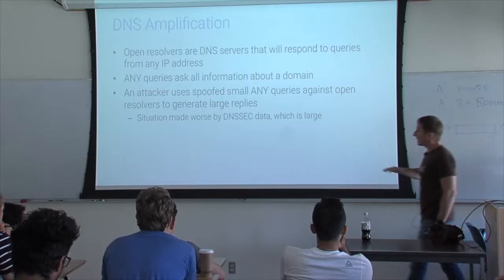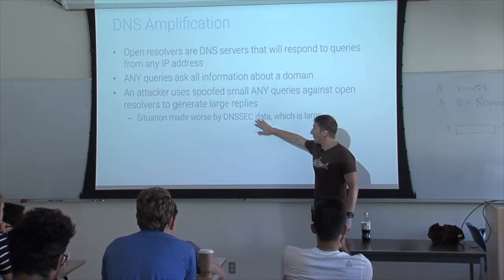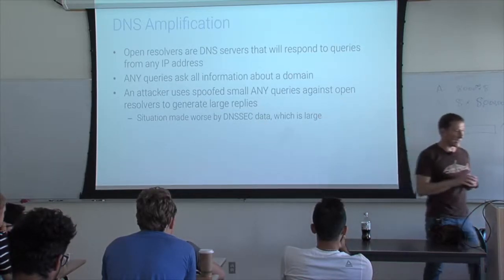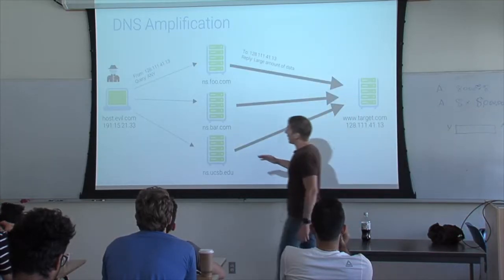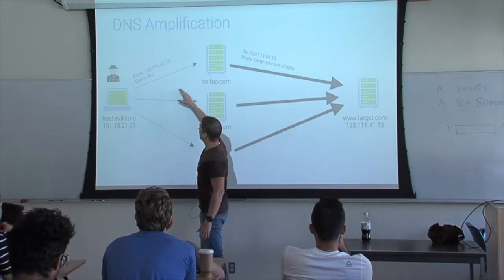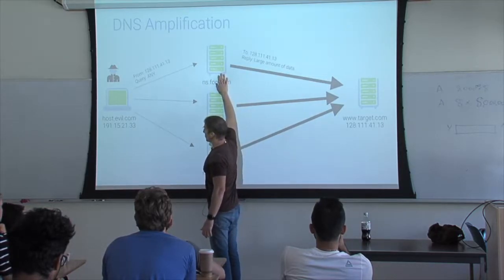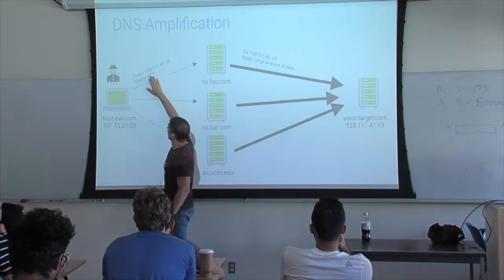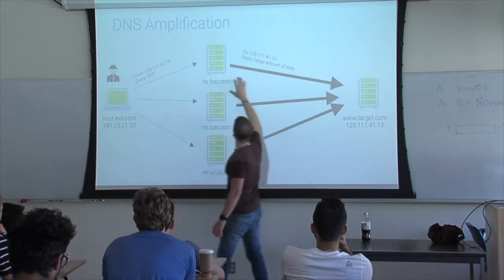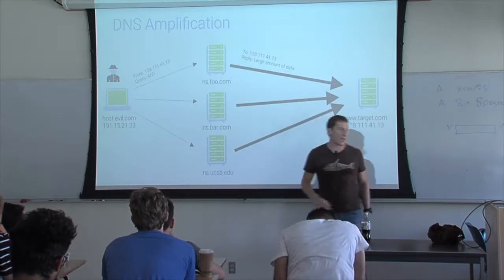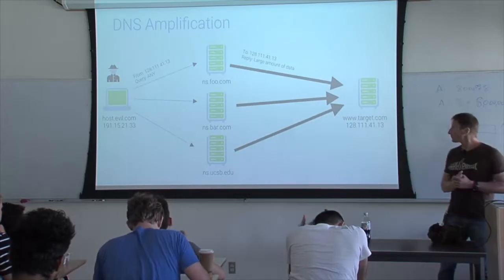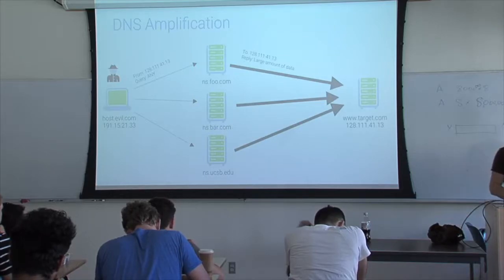Of course, DNSSEC makes this attack even worse because there is more data, and the attack is very simple. You just send spoofed-address ANY queries to this open resolver. Since they appear to come from this IP address, the very large responses are sent to this address, and as a result, it is overwhelmed.